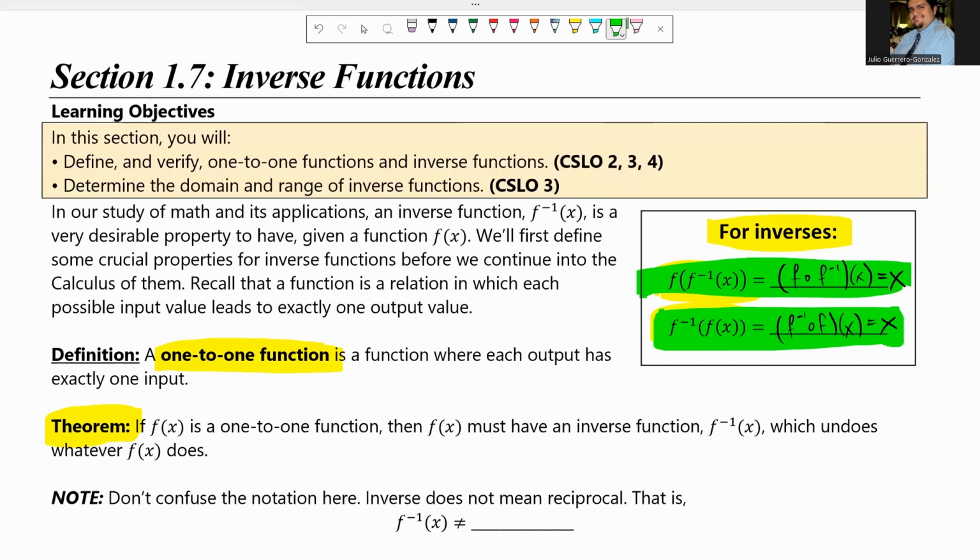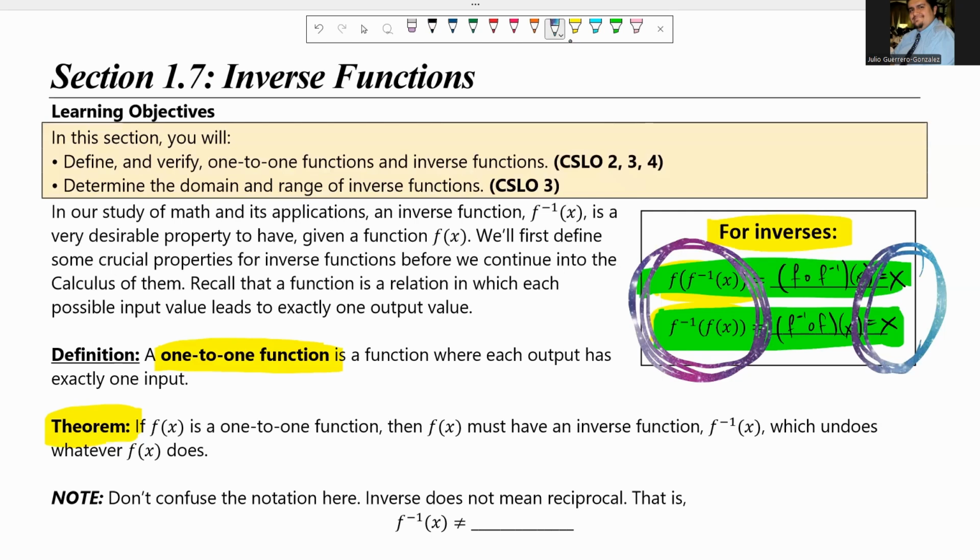If you take a look at both of these on the left-hand side, what this is saying is basically I can plug an x value into my inverse and then plug it into f, and I get x back. And the same thing can be said with the other order.